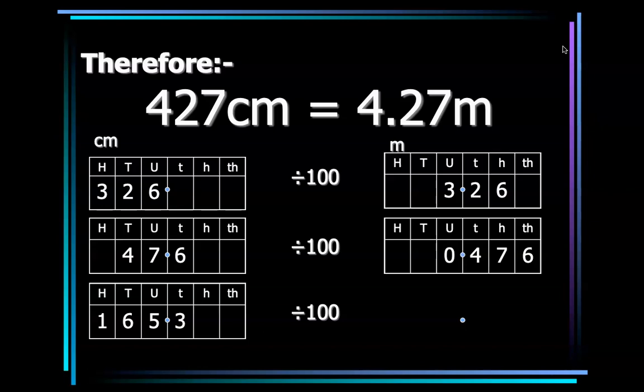There are 2 zeros in the number 100, so that tells us how many places the numbers must move. Notice the decimal always stays in the same place, so the 6 goes from tenths to thousandths, the 7 goes from units to hundredths, and the 4 goes from tens, because it's 40, so 4 tens, and it ends up in the tenths column.